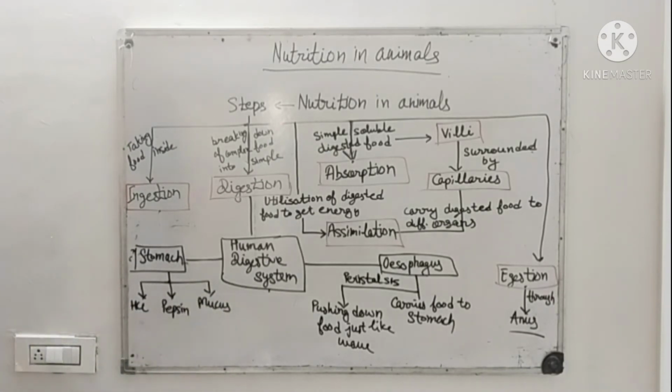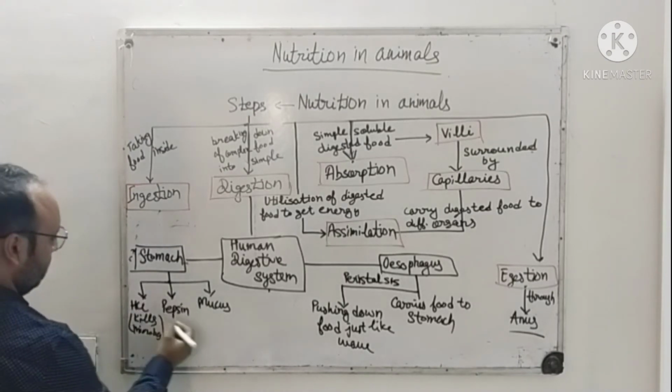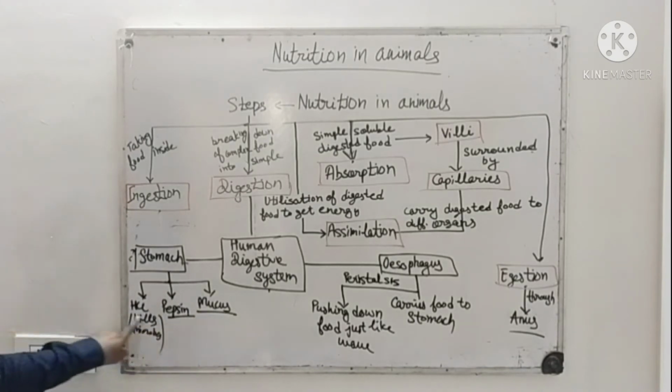HCl kills microbes. The function of pepsin is action on proteins, and mucus protects the inner lining of the stomach from the acid.